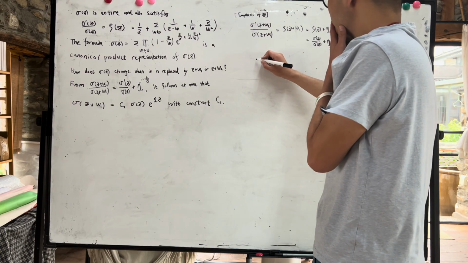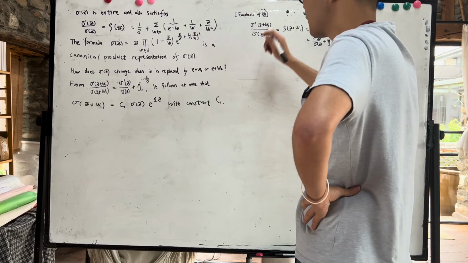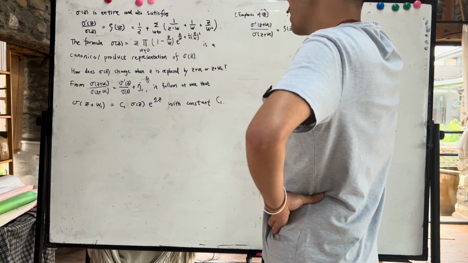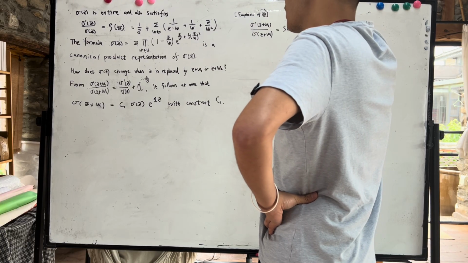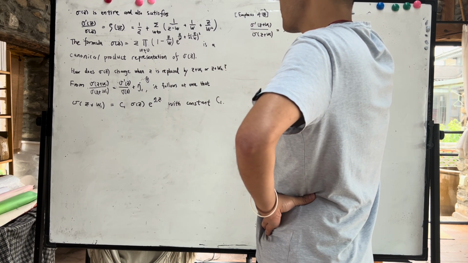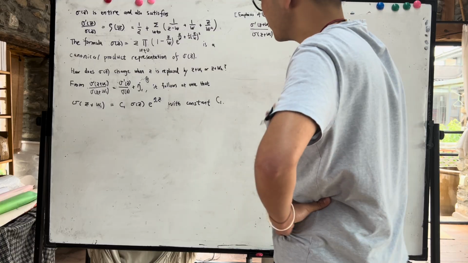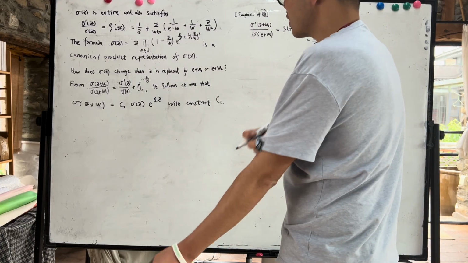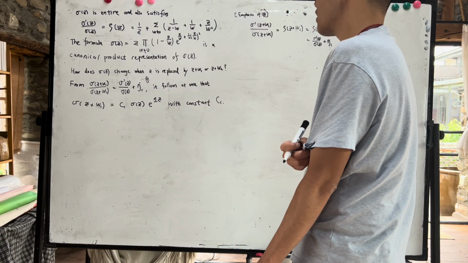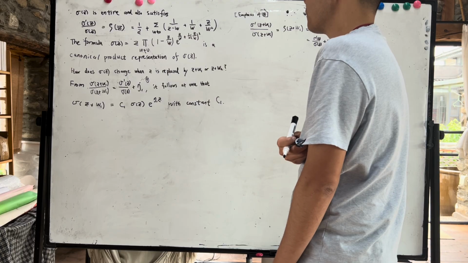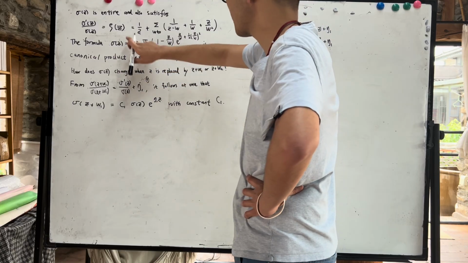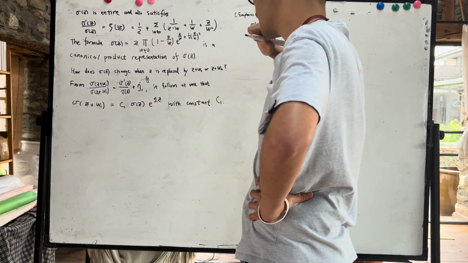Shoot. Let's see. Can we multiply by sigma of z plus omega 1 on both sides? Yes, I think we can do that, because we only care about the points away from the lattice points.